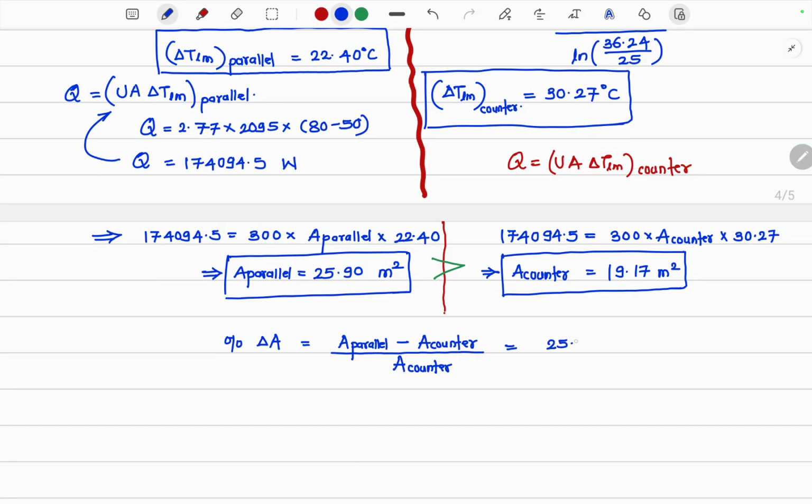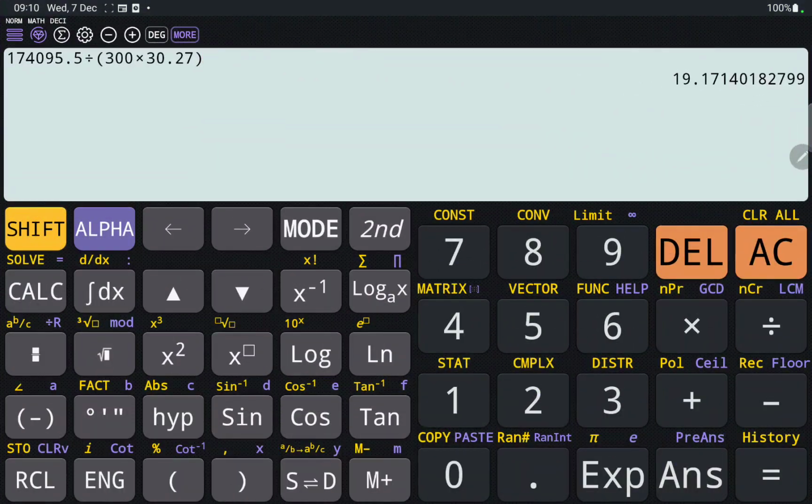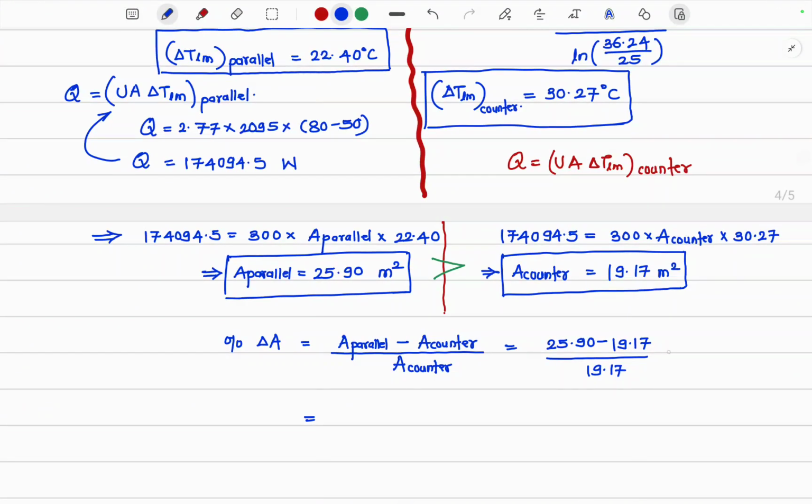So 25.90 minus 19.17 divided by 19.17, the entire term multiplied by 100. So let us calculate it. That gives 35.10%.